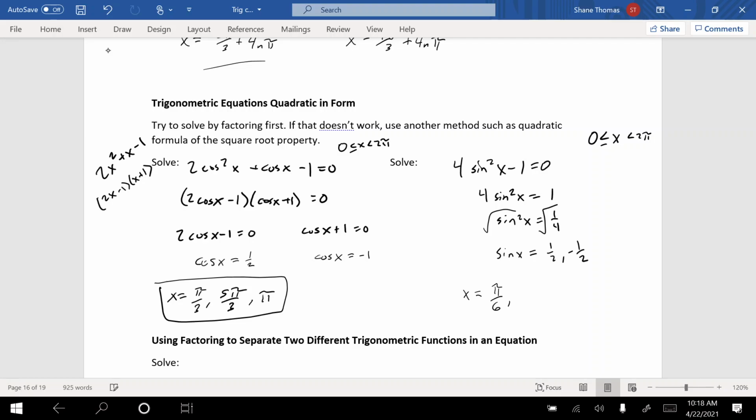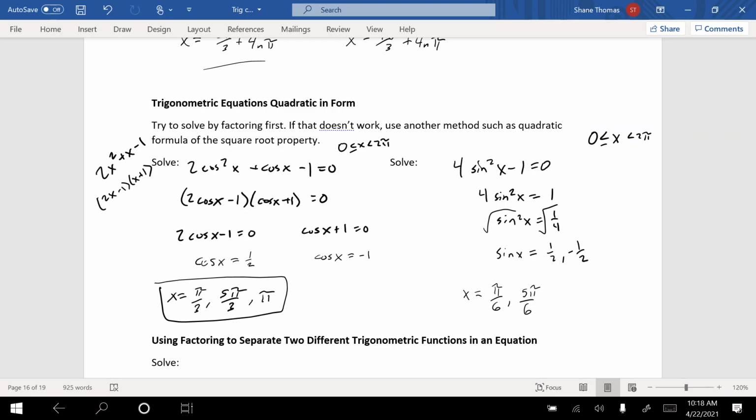Pi over 6. Next one. 5 pi over 6. I don't think 2 pi over 3. Yep, you're looking at the x, and we're looking at y for our sine. Okay, so the 1/2, you'll find that in quadrant 1 and 2. All right, then in quadrant 3 and 4, you're going to find the negative 1/2.